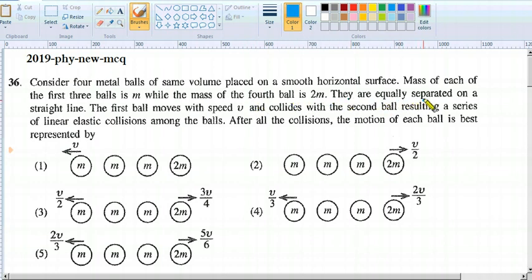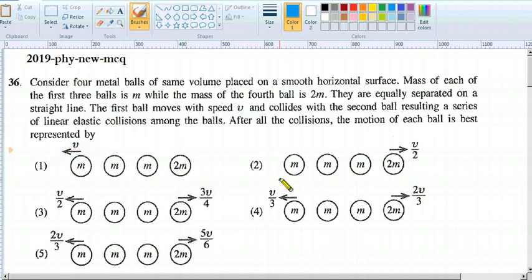They are equally separated on a straight line. The first ball moves with speed v and collides with the second ball, resulting in a series of linear elastic collisions among the balls. After all the collisions, the motion of each ball is best represented by.